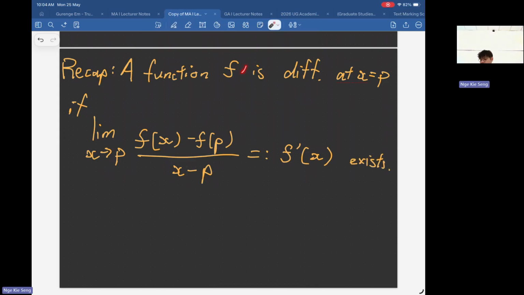So instead of looking at the limit of f, you look at the limit of this gradient, the gradient of the secant with a nearby point.